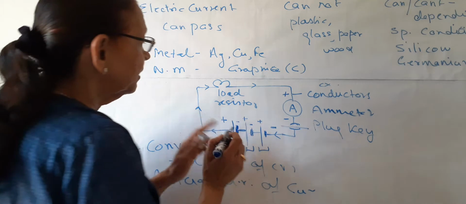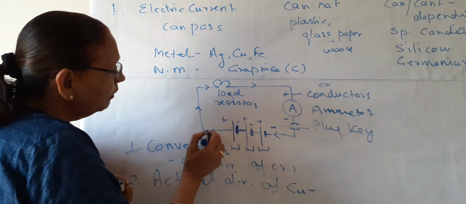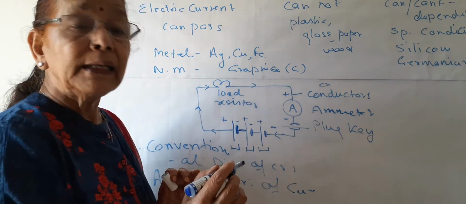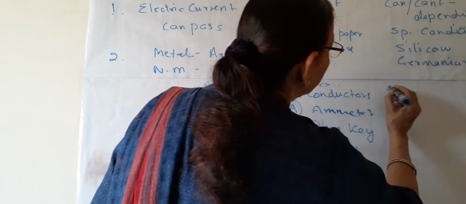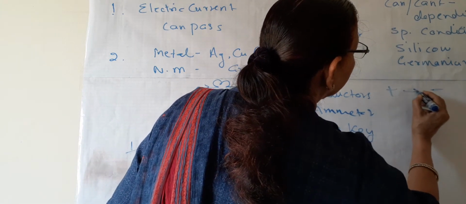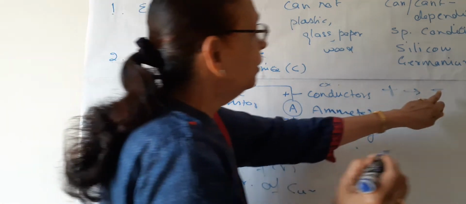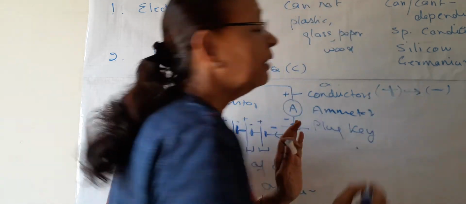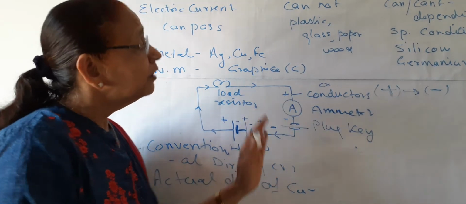What is conventional? Conventional is that the current is flowing from the positive end and it comes to the negative end. That is, from positive to negative. Current is flowing from the positive terminal to the negative terminal. This is the conventional direction of current.